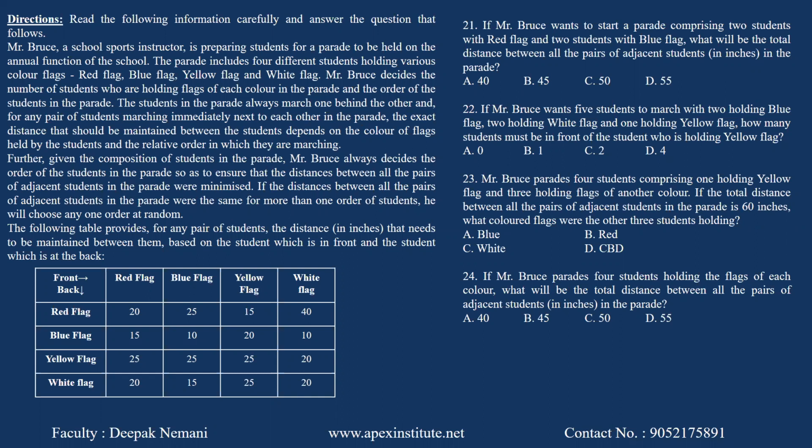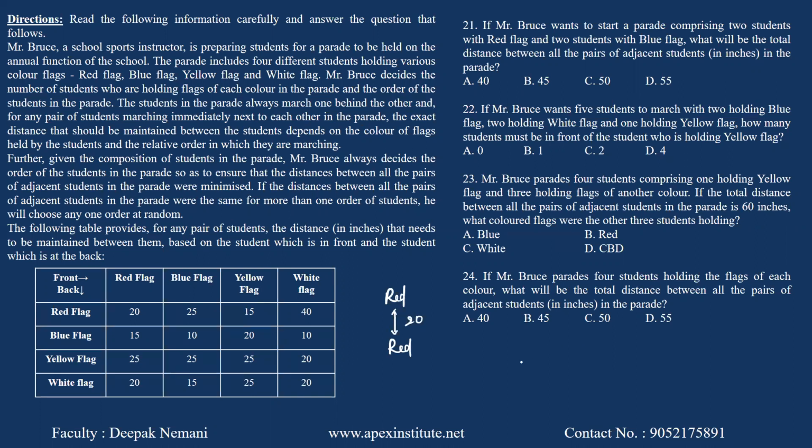Okay, so front and back, we are given these 4 colors, and the distance between them depends on the order of the flags, isn't it? For example, if you have a red flag followed by a red flag, the distance between these 2 persons should be 20.